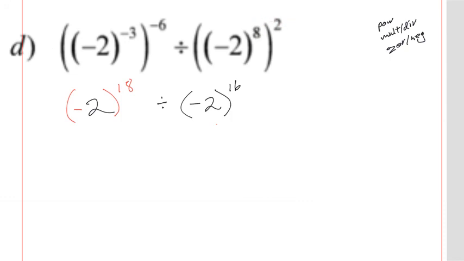Now we're going to use the multiplication and division rules for these two parts. Because it's division, we must subtract. So now we're just going to write the following. This is negative 2 raised to the 2, which ends up being 4.